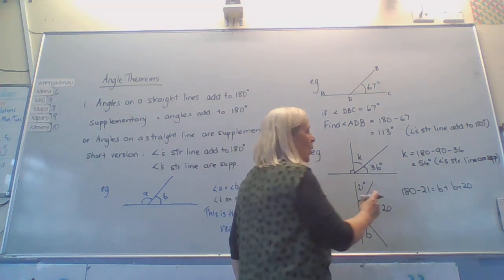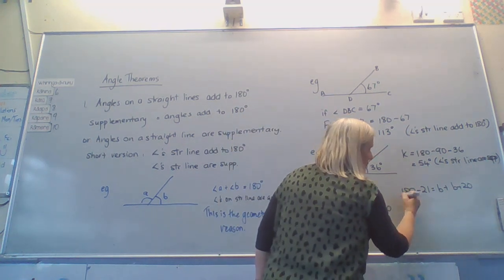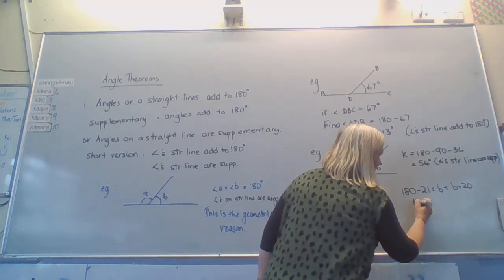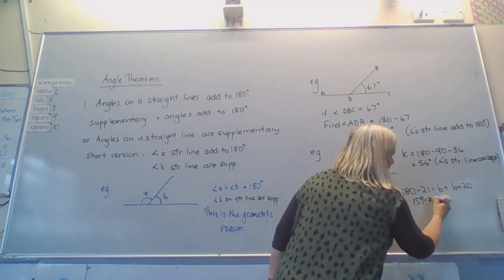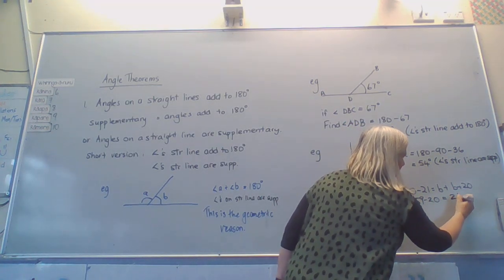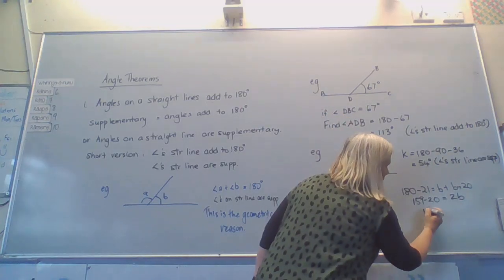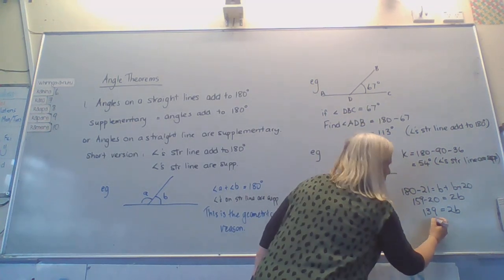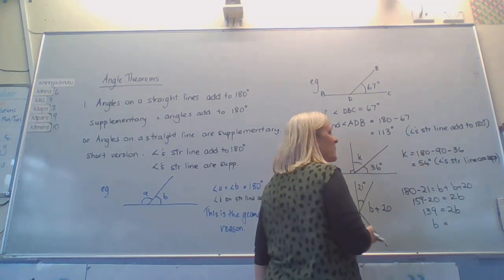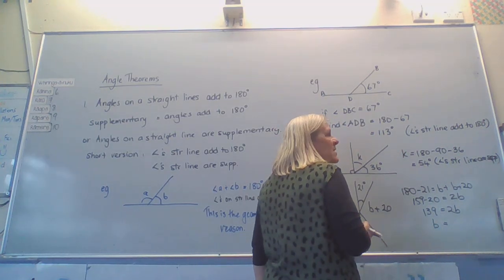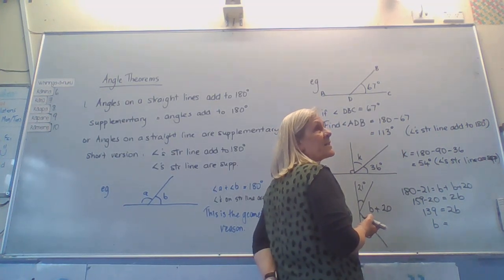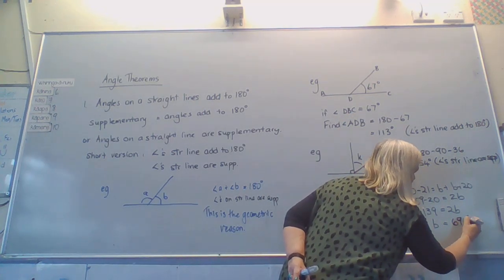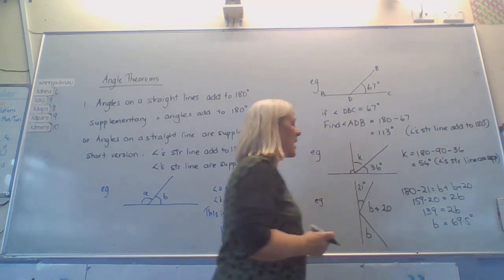So we get 159 minus 20 equals 2b. All right, so 139 equals 2b. 1b will equal half of 139, which, as William said, is 69.5 or 69 and a half.